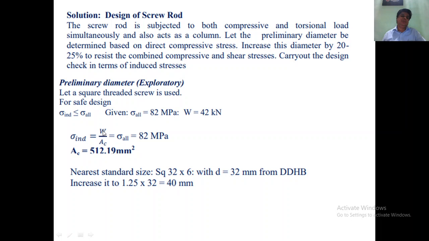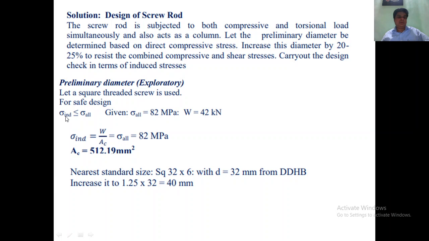The load is known. Whenever you apply a load on the bar or the rod, there will be direct compressive stress, and that formula is load by area. So we can calculate the cross-sectional area on which this load is acting for the screw rod. We design it for equivalency, since the factor of safety is already taken.